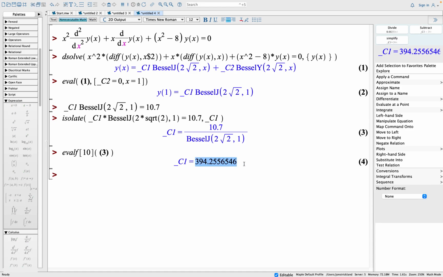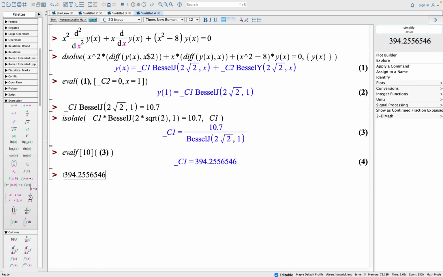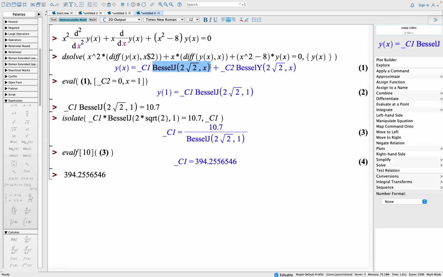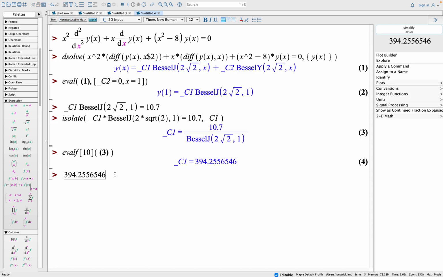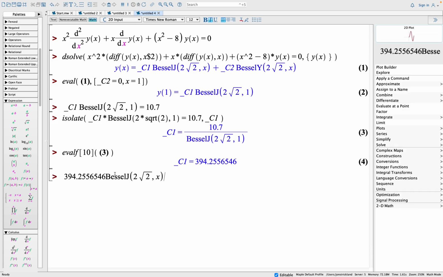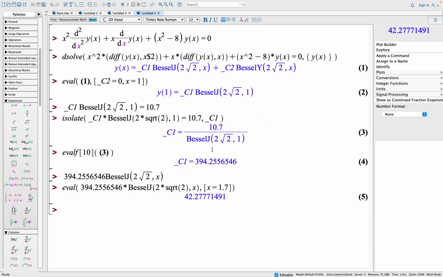And if I take this number, representing the constant, and go back to the general solution and multiply the c of 1 numerical approximation by the BESSEL function of the first kind, again attained from the general solution, and evaluate, this time we have x at 1.7, and so we have 42.277.